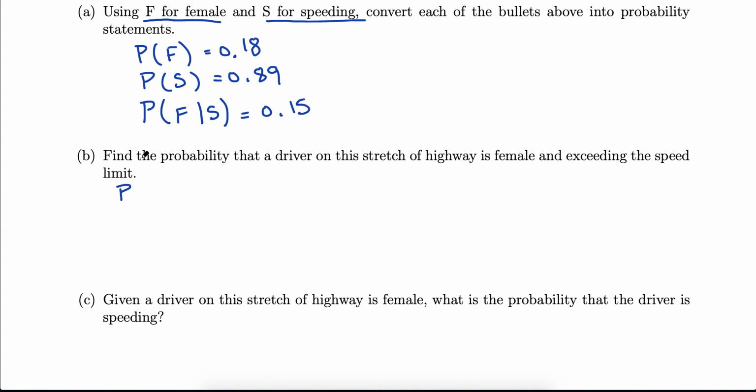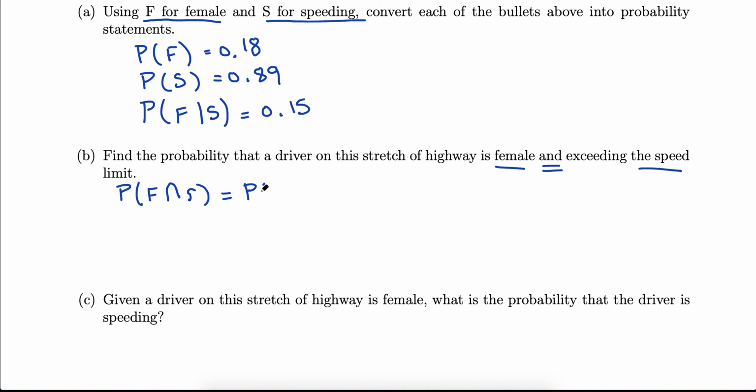So part B, find the probability a driver on this stretch of highway is female and speeding. So our notation to write that question in probability notation, probability female and speeding. Now remember our trick, we don't know if female and speeding are independent or dependent, so we need to use the general multiplication rule.